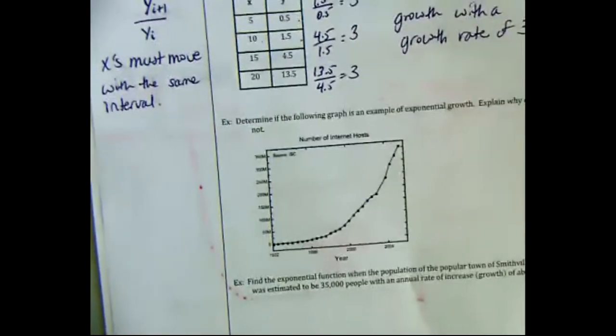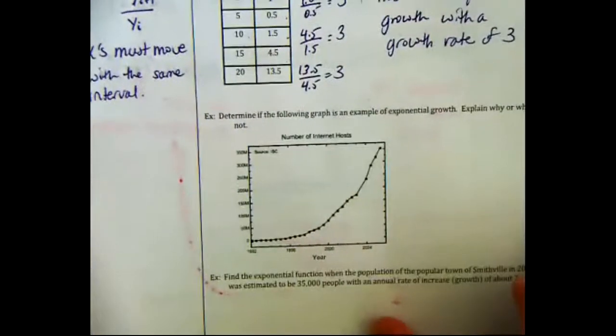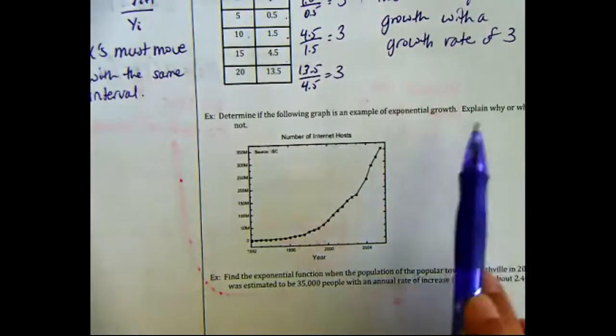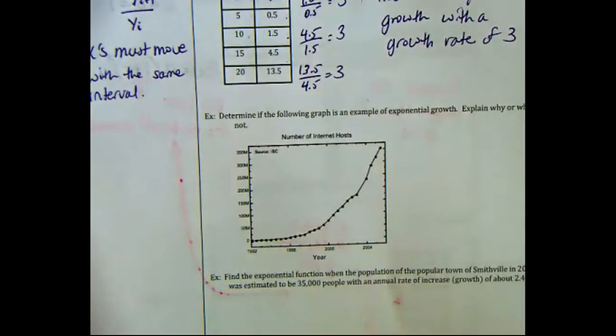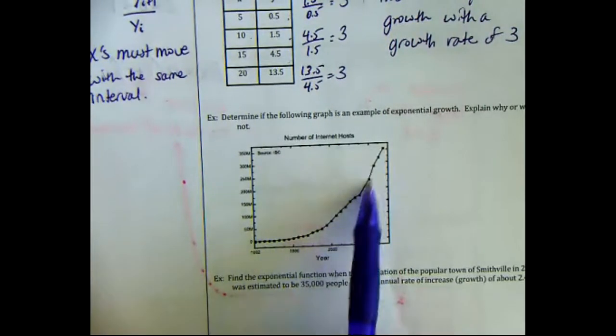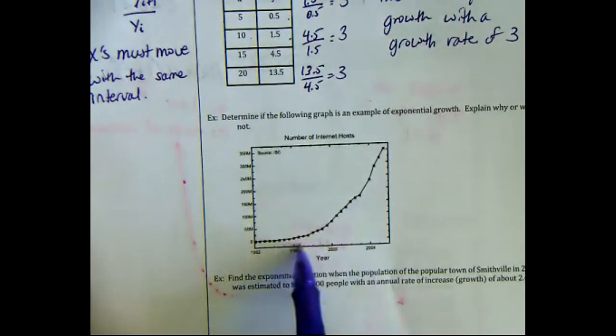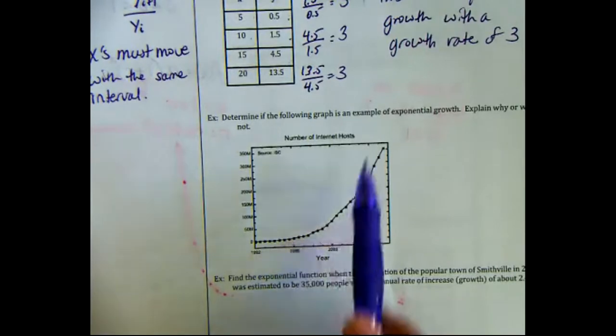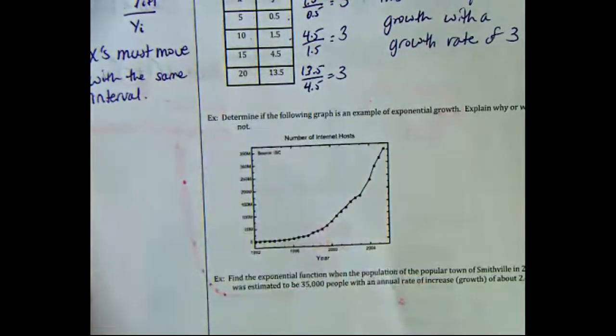We have determine if the following graph is an example of an exponential growth and explain why or why not. Okay. We could technically, if this was a clear enough graph, look at the points and do this whole system that we did up here. But a lot of times we can tell whether it's an exponential growth or not just by looking at the graph itself.